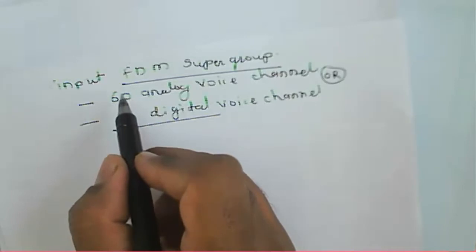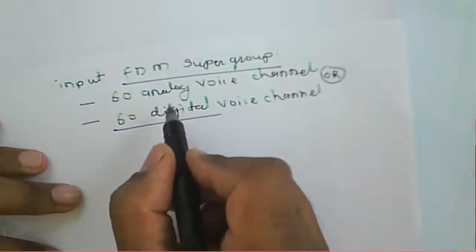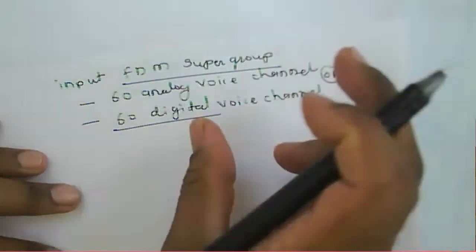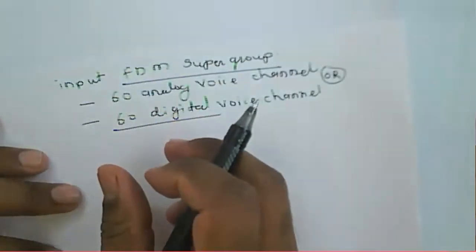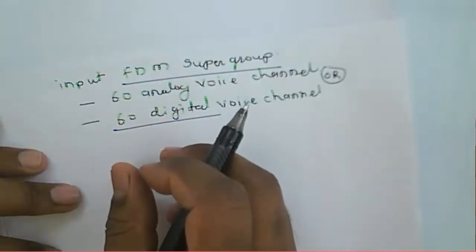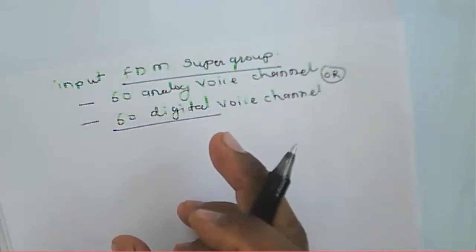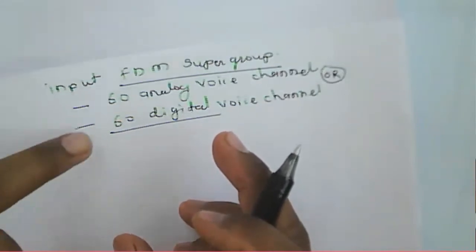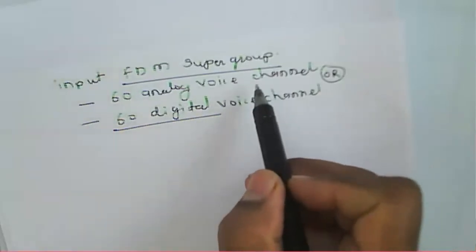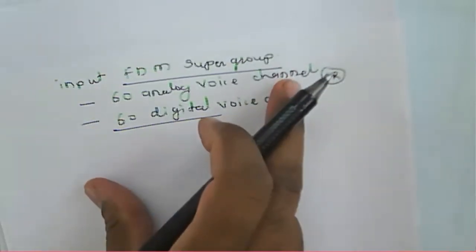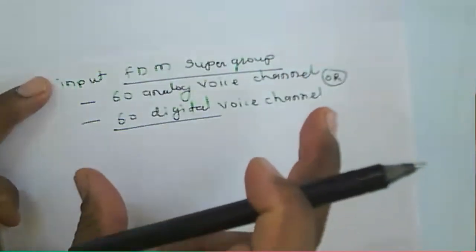some of the channels in these groups are not active, then whichever bandwidth is allocated for a given transponder or for the earth station, that bandwidth will not alter. Means if all 60 channels are active, then the operating bandwidth will not be wasted here.